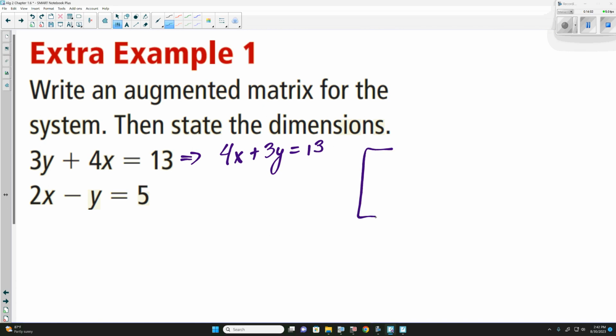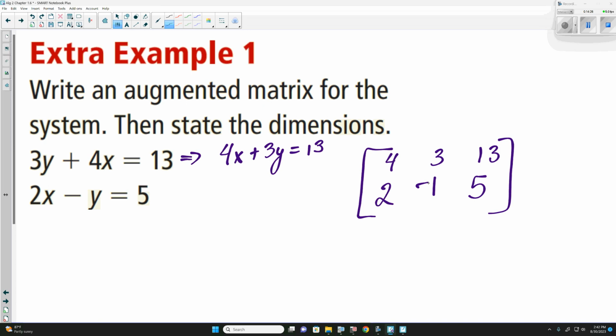We don't have to move the second one over because the second one's already in the correct form. So writing the augmented matrix for our first row would be what? Almost, because we take the signs with it.